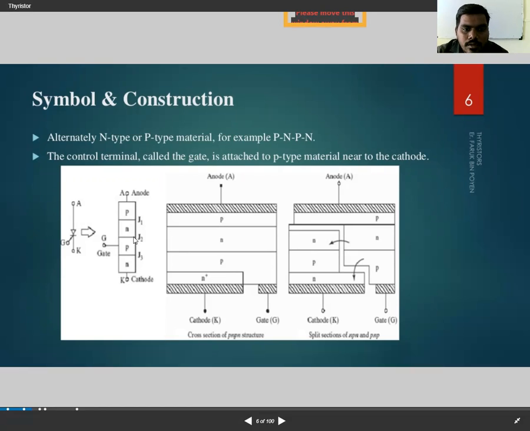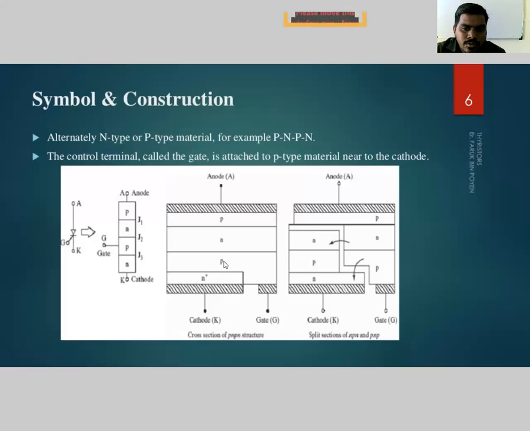Then you can see there are three junctions: with the PN we get the J1 junction, with the NP we get the J2 junction, and with the last PN we get the J3 junction. We have seen its structure and working in depth in the previous video. If you have any doubt you can watch the previous video.